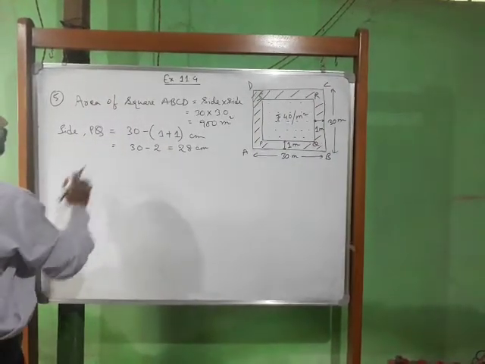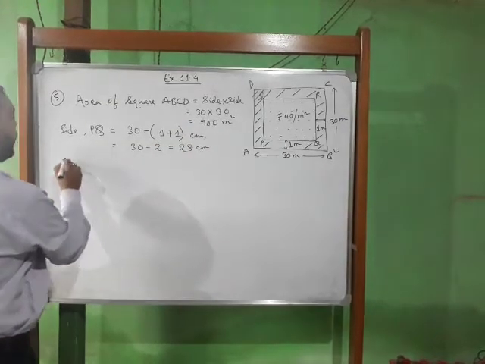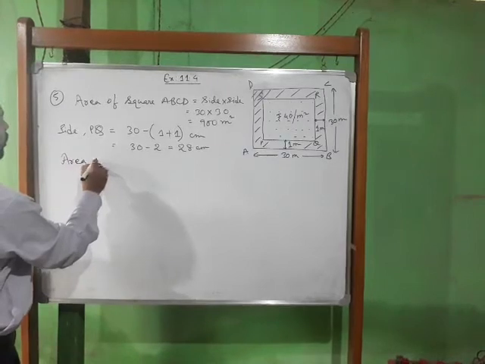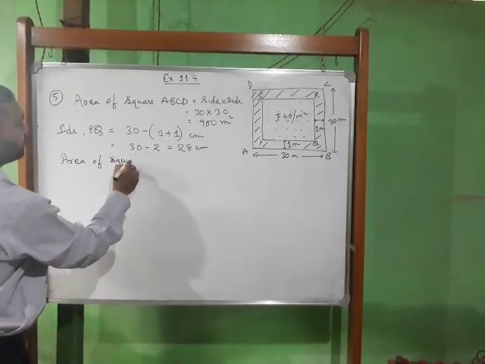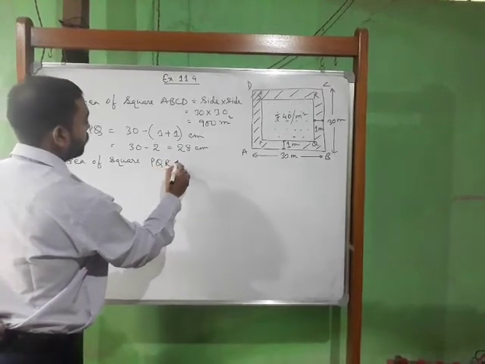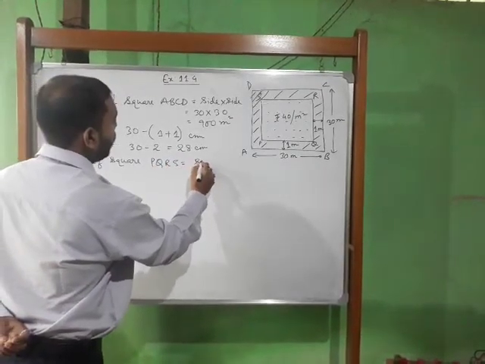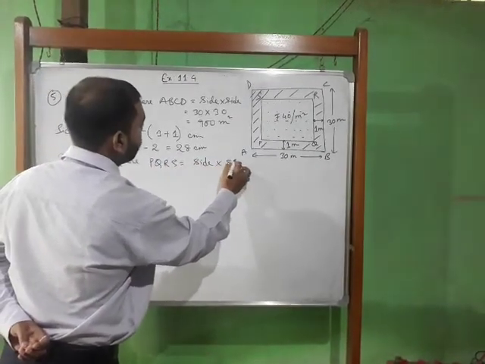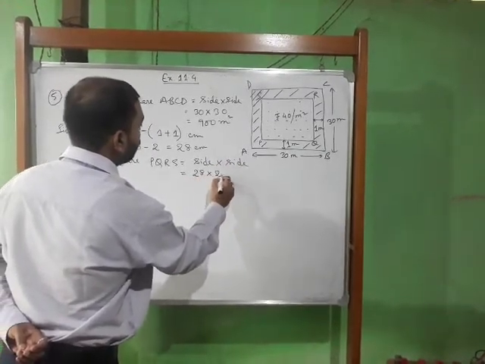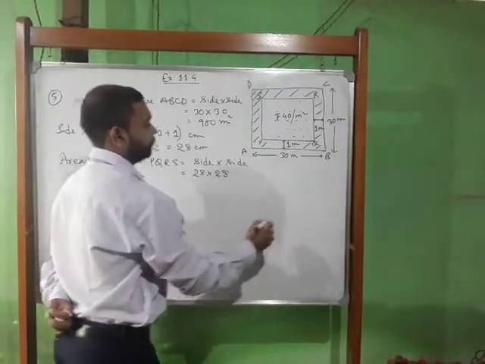Okay, now we have to find the area of PQRS. So area of square PQRS is again side into side. So it is 28 into 28.